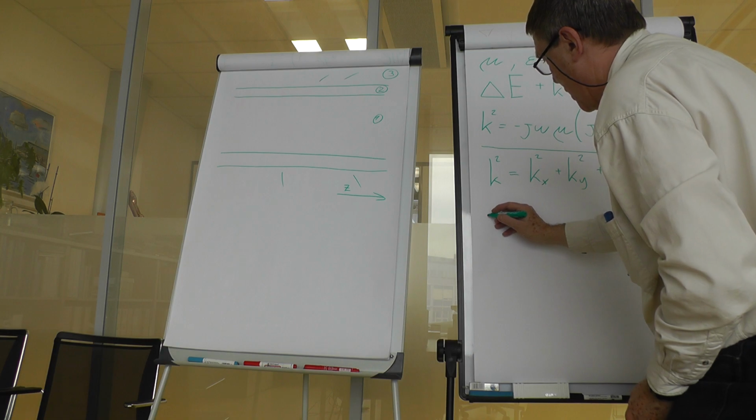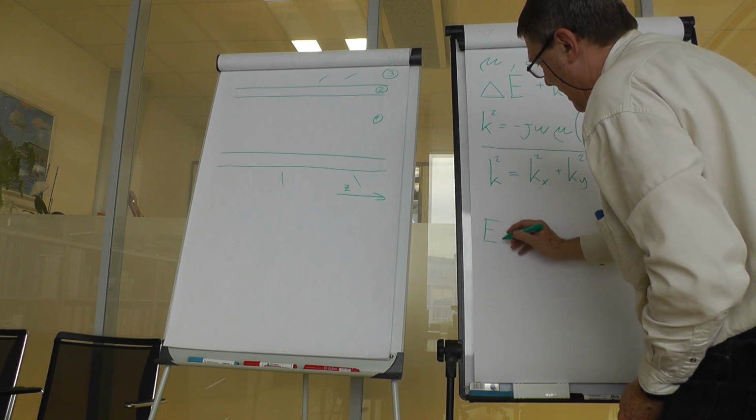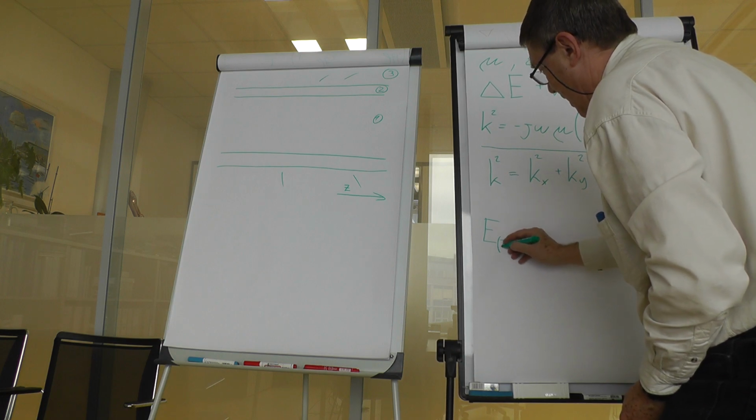In the z direction we would have the dependence, for example, for the field vector E as a function of z.